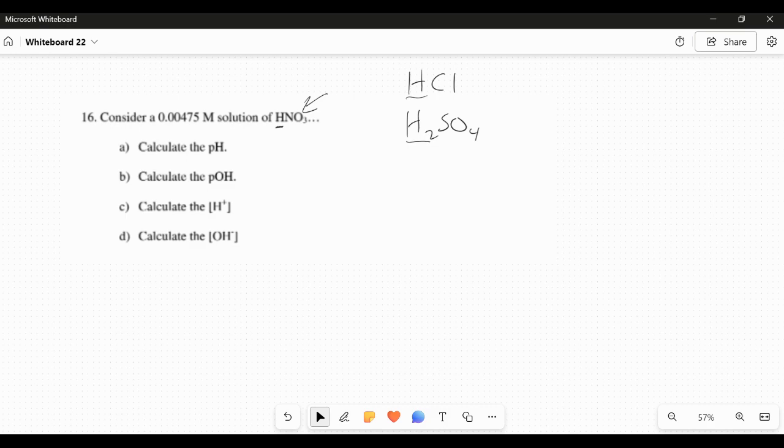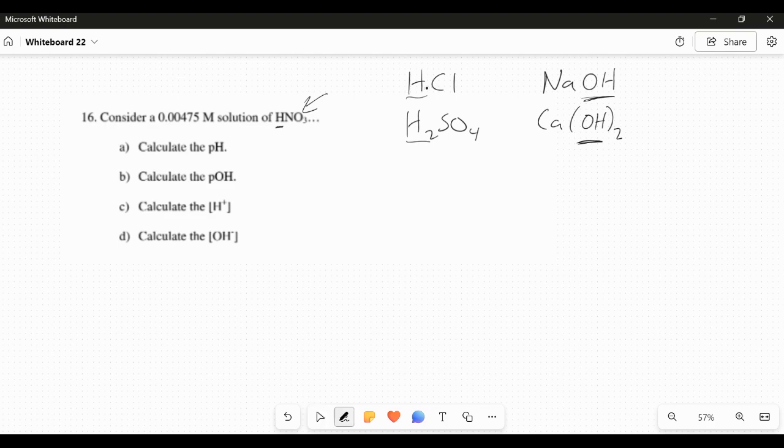Now, conversely, bases are commonly written with a hydroxide at the end, one of these OH groups. So you might see, for instance, NaOH, Ca(OH)2, things like this. Generally you've got hydroxides at the end. There's a bunch of examples, but they're escaping me right at this moment.